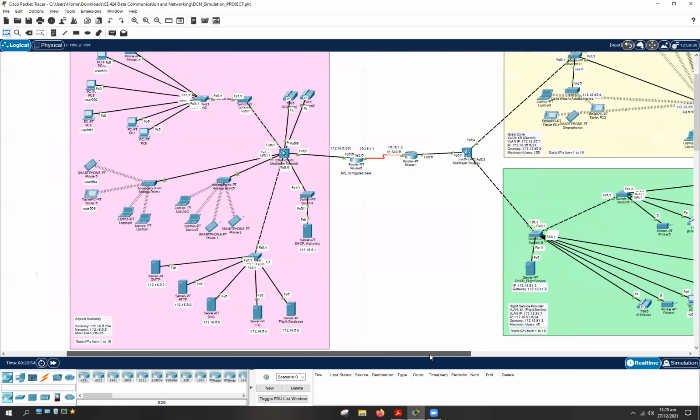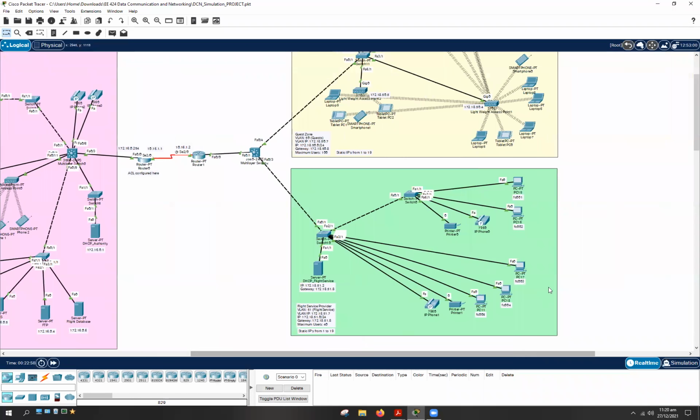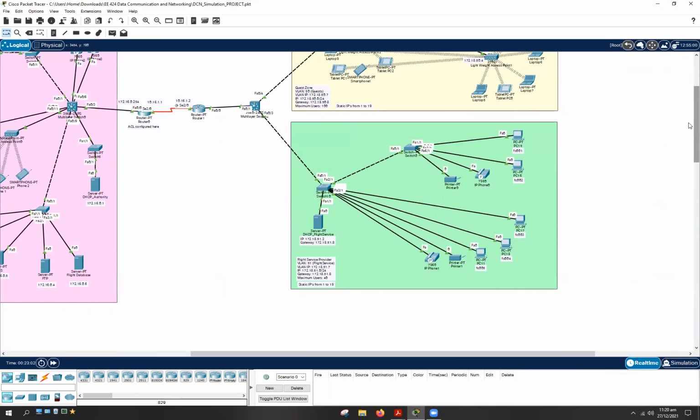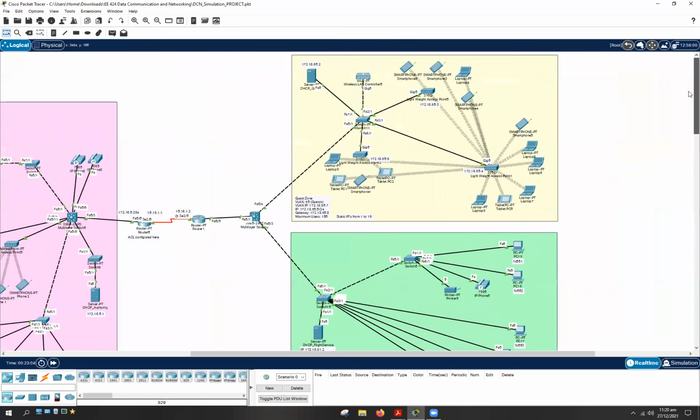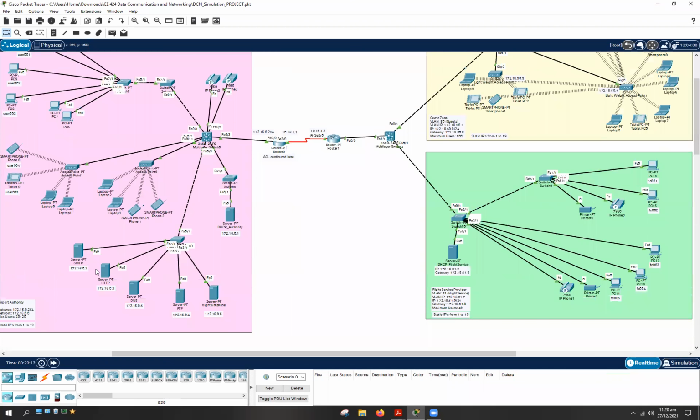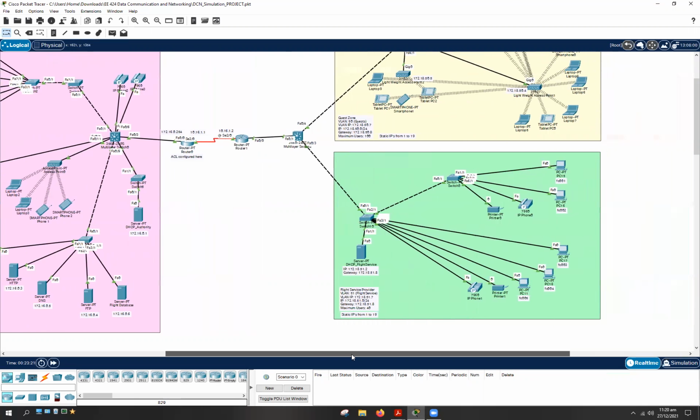This airport authority network is interconnected with the other two networks, the guest zone, or the passenger network, and the flight service provider. As far as the passenger or guest zone goes, it should only be able to connect to the internet and browse the internet, and apart from that, it should not have access to any of these servers within the airport authority, including the flight database, right?